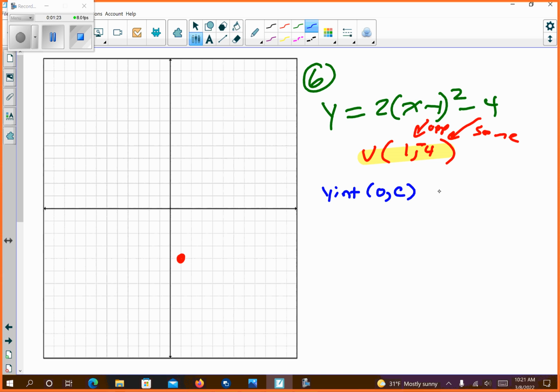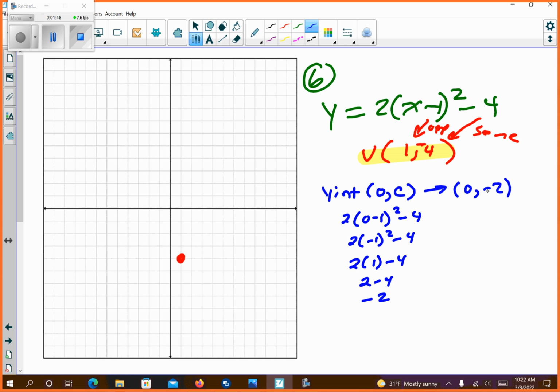You'd be incorrect on that because it's not in the standard form. So if you wanted to find the y-intercept this way, you're going to take your equation and do the math to get this. So you get the y-intercept is at 0, -2.